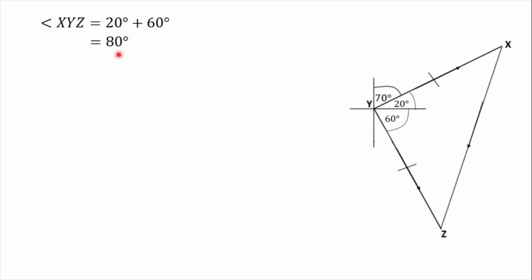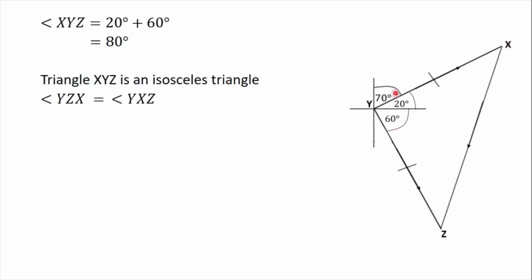If you watch the video on Introduction to Plane Geometry, I explained how to name angles there, so you understand why this angle is called angle XYZ. So we have this to be 80 degrees. As we said previously, triangle XYZ is an isosceles triangle. So angle YZX and angle YXZ are the same.